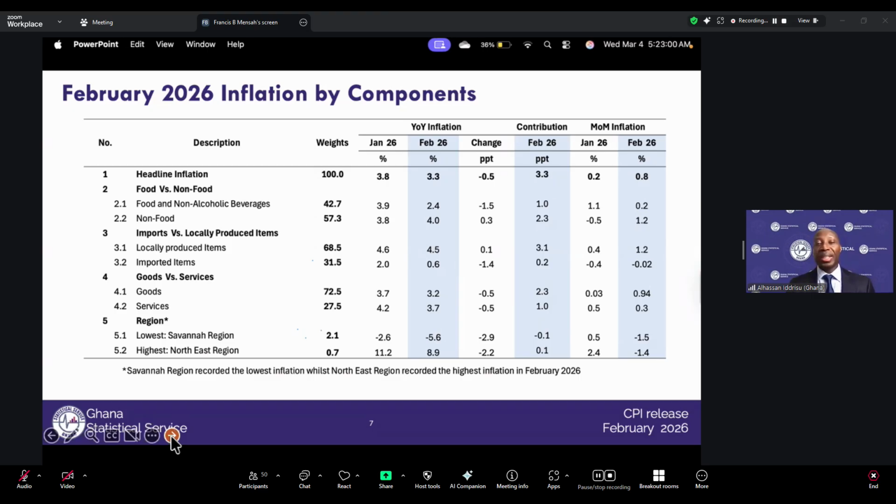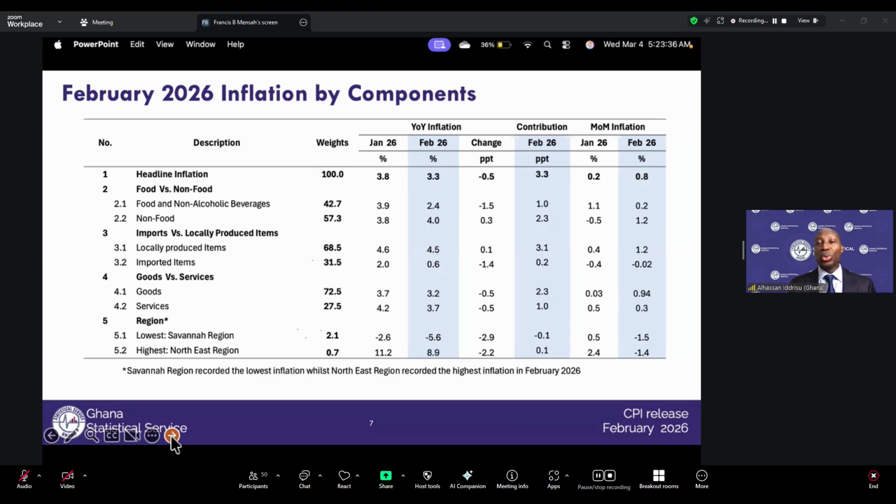As I mentioned earlier, usually when you have inflation which is positive, it means that prices are increasing. When inflation is negative, which is what we call deflation, it means that prices are reducing. So whilst in the Northeast, prices increased by 8.9% in February 2026, in the Savannah region, prices declined by 5.6% in the same period.